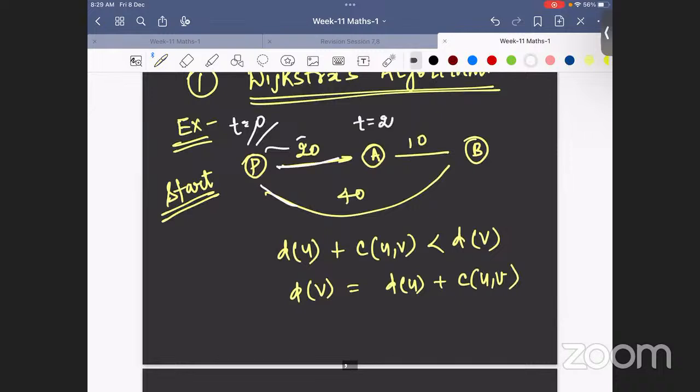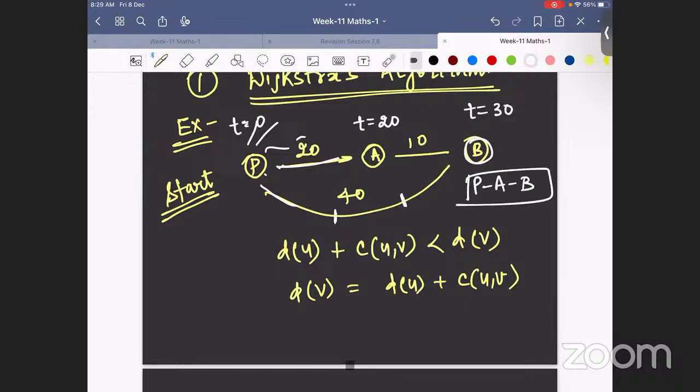At t equals 20 the fire would have reached somewhere along the other path, but it has already reached A. Now at t equals 30, the fire along the other way would have reached here, but it has already burned the place B. So the shortest path to go from P to B would be what? P to A to B, right?